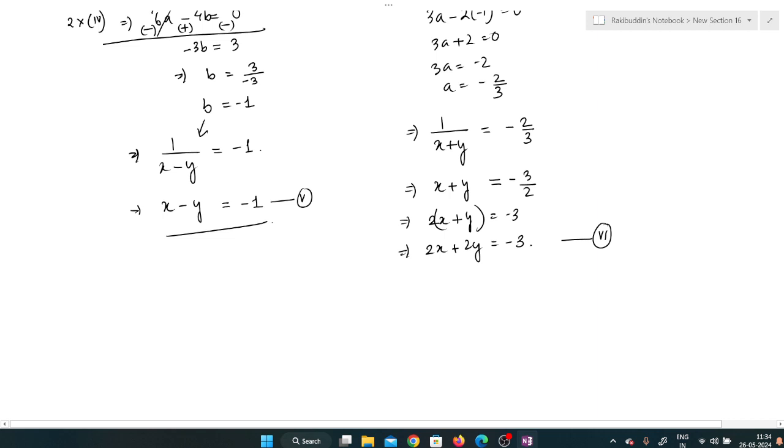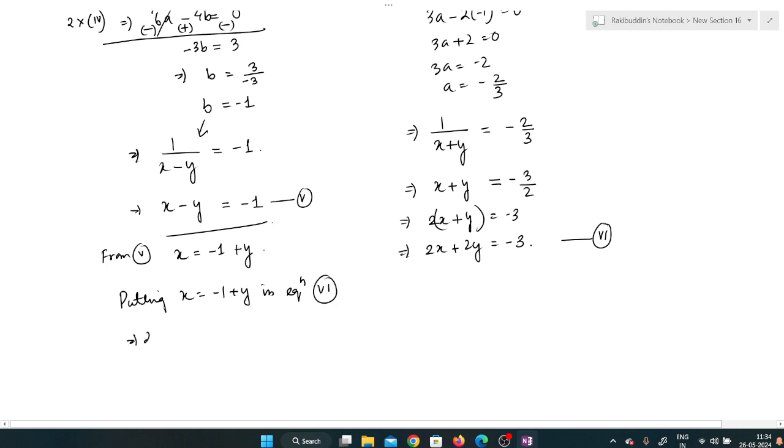Now from 5, x equals to, you can find it out, minus 1 plus y. I'm using substitution, right? And then putting x equals to minus 1 plus y in equation 6.